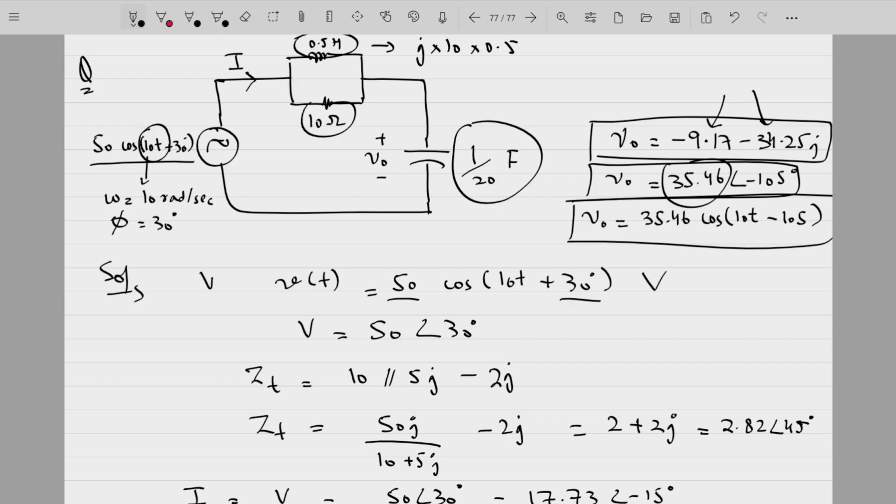You can simply press shift some number 3 I think, it directly converts from complex to r angle theta form.